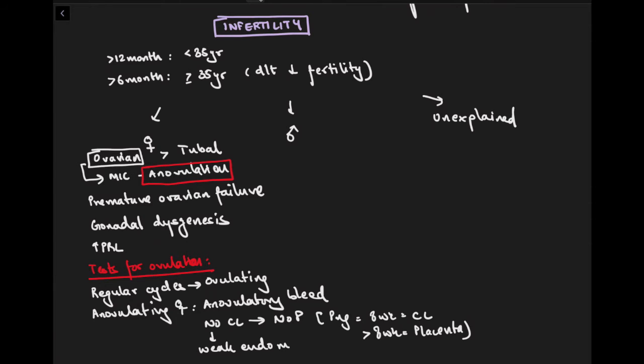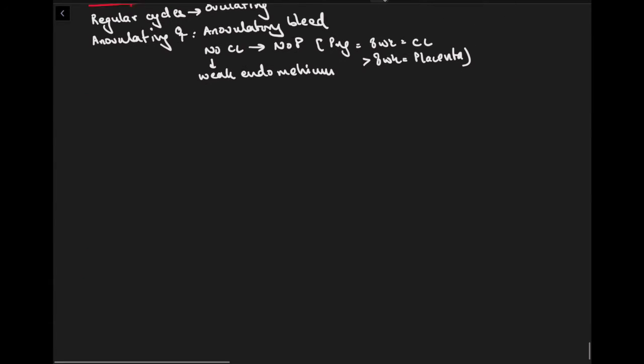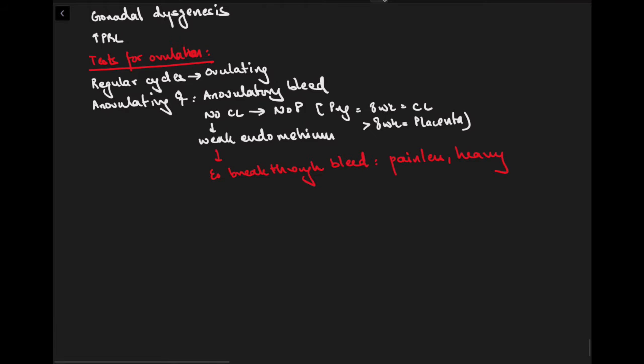Due to the absence of corpus luteum, there will be weak endometrium. Under the influence of estrogen, the endometrium will proliferate, but it is weak due to the absence of progesterone, and there will be estrogen breakthrough bleed, which is painless, heavy bleeding, right?